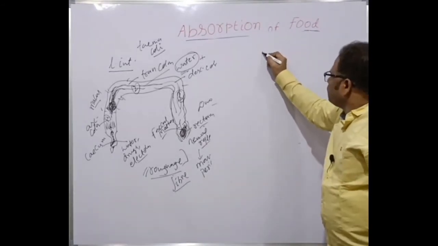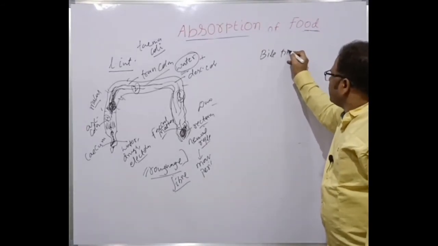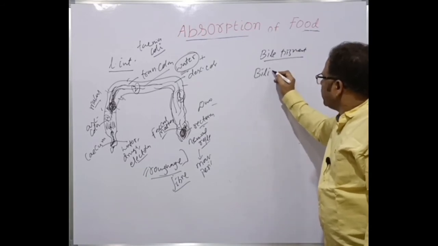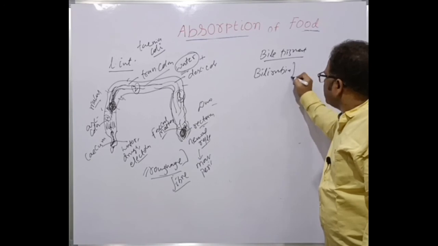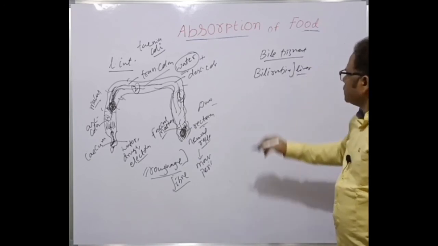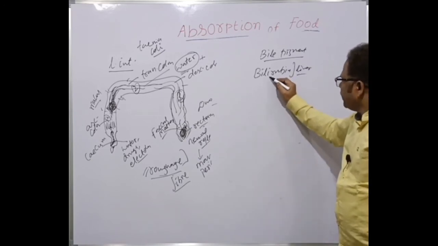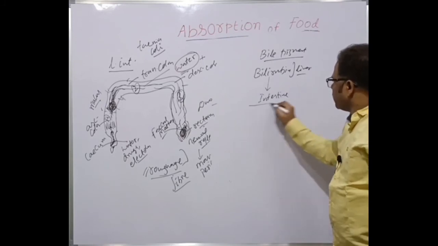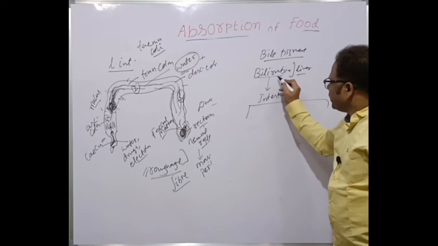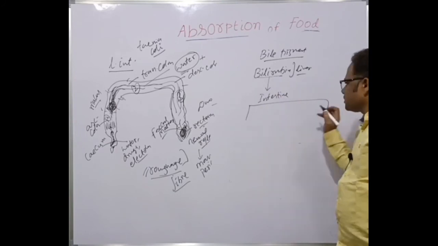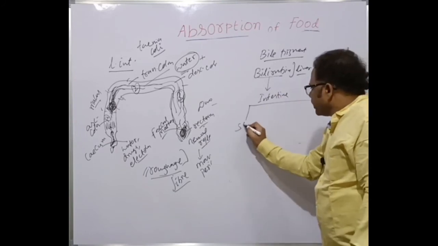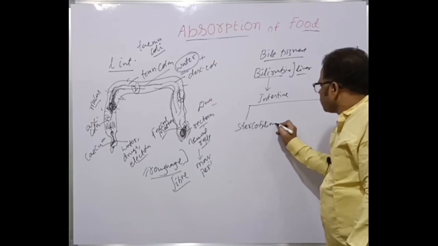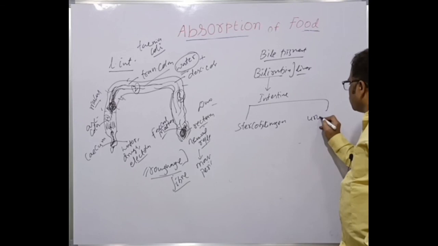I told you that one of the bile pigments is bilirubin, formed in the liver, isn't it? From the liver, it is carried to the intestine. In the intestine, bilirubin is converted into two components. One is stercobilinogen and the other is urobilinogen.